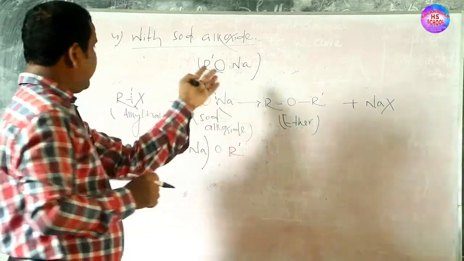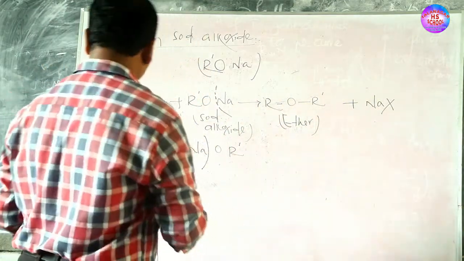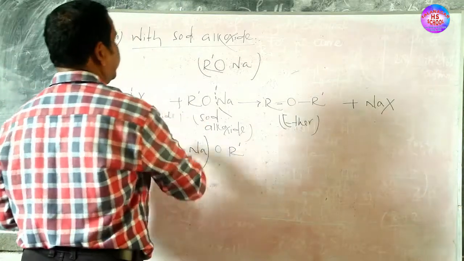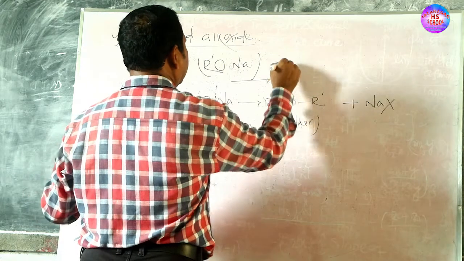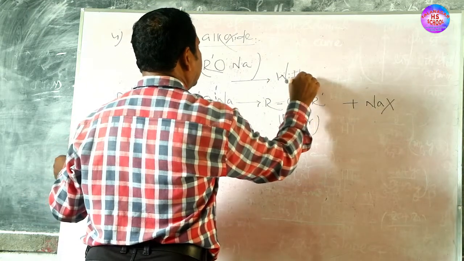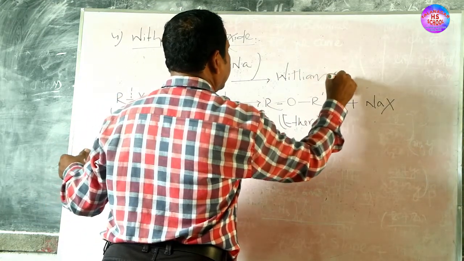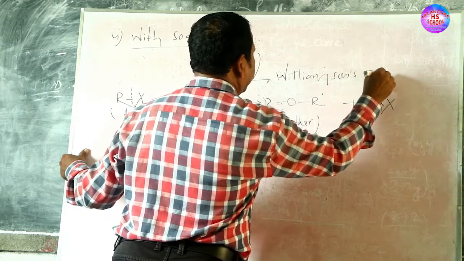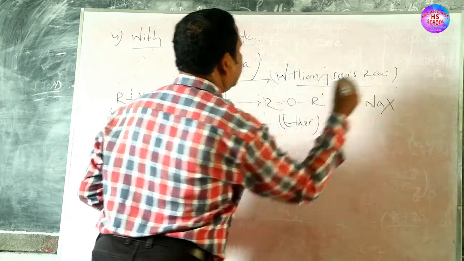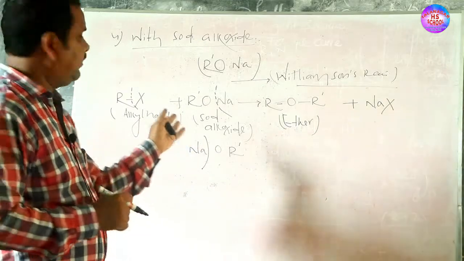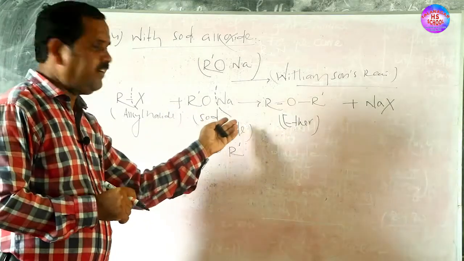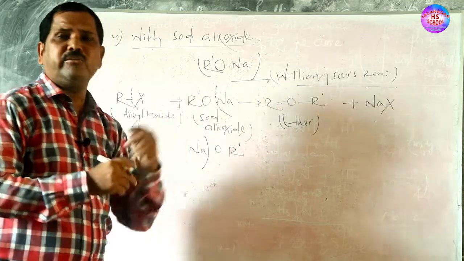And this reaction is called Williamson's reaction. In this reaction, an alkyl halide reacts with sodium alkoxide to produce an ether.